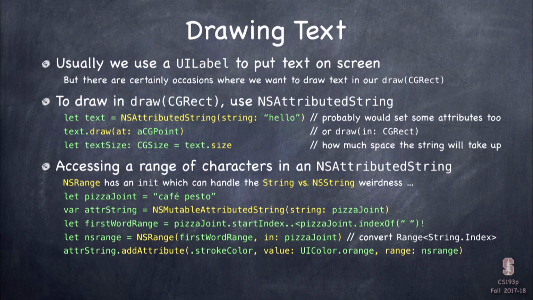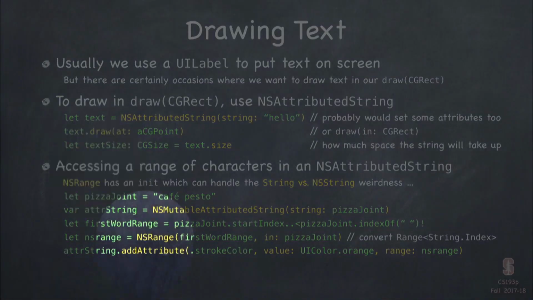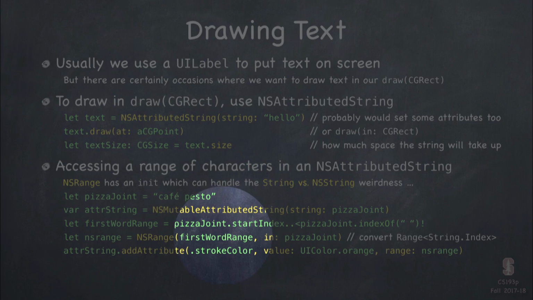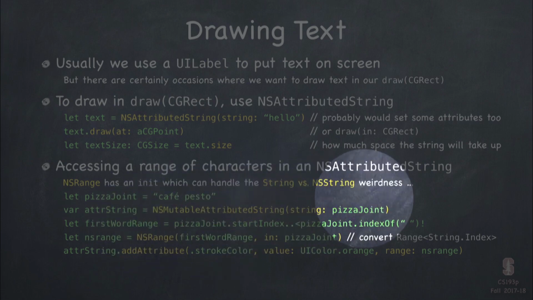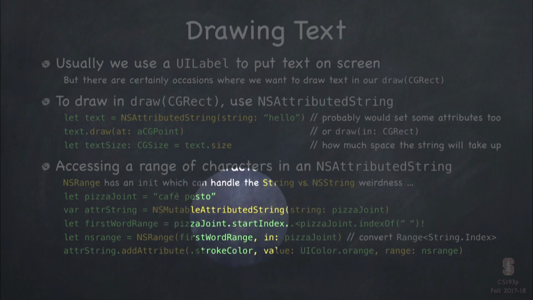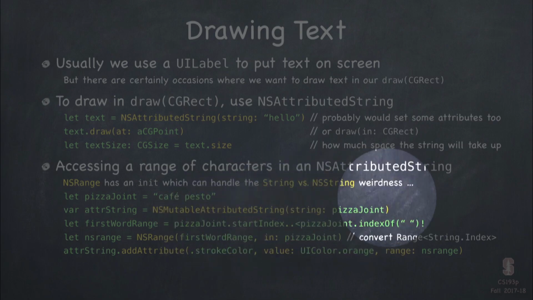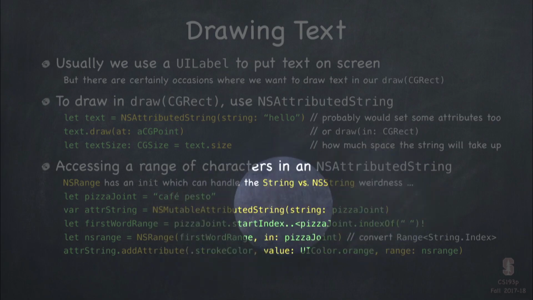Well, we do it with NSRange. We do it with this right here. This is the NSRange initializer. You see it, NSRange initializer. It takes this first argument, range, which is a Swift range of String.Index. You see it goes from startIndex here over to index of. So it's a range. It's got the little dot dot less than, which is our nice range syntax there.